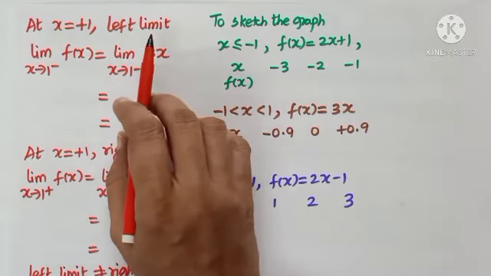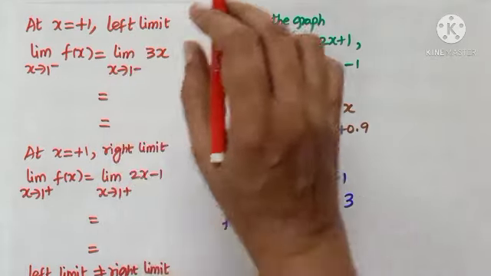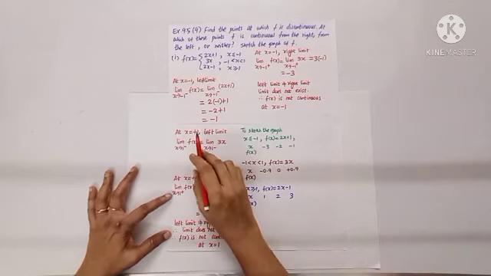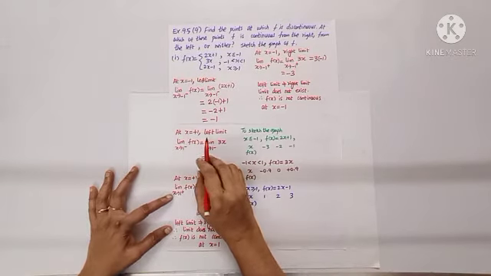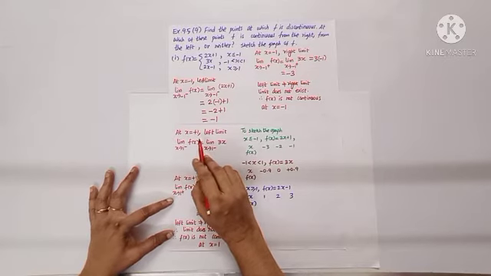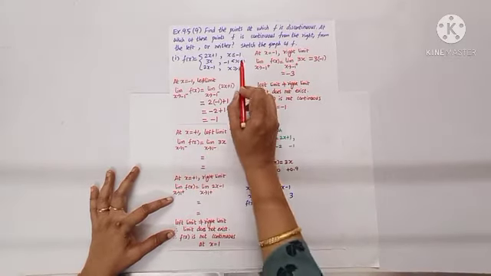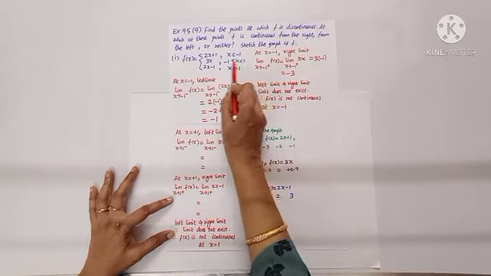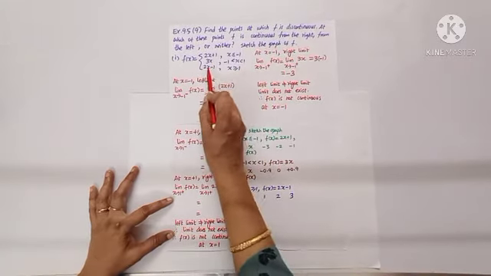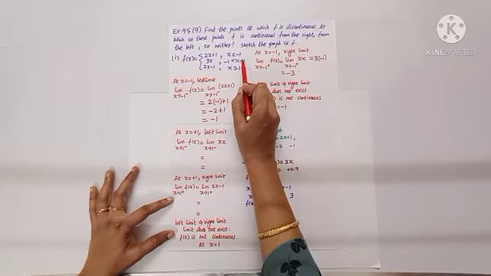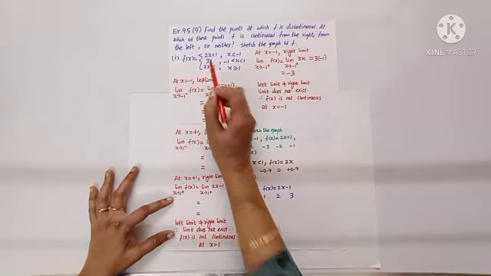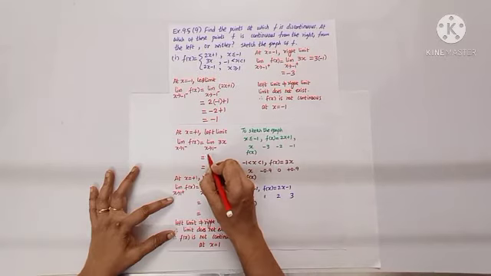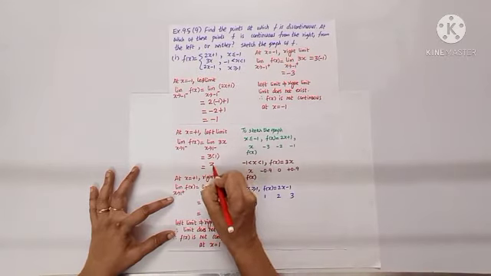To find the left limit at x equals 1, 1 comes here as well as here. For the left limit, check here. For the right limit, check here. So when I am in the left limit, 3x we need to substitute. So 3 into 1, which gives me 3.